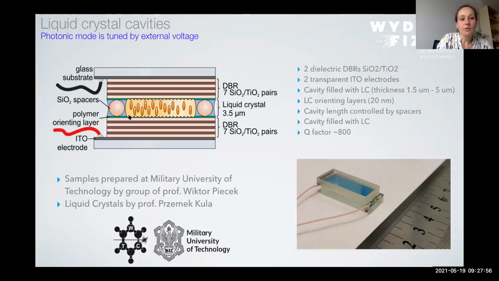Through the application of an external electric field, with two ITO electrodes here, we can rotate the molecules with respect to the cavity plane. And this is the image of the cavity. You see that it is pretty bulky, but the support has to be really thick just to avoid bending of the cavity, because we would like to be in the really planar cavity regime.